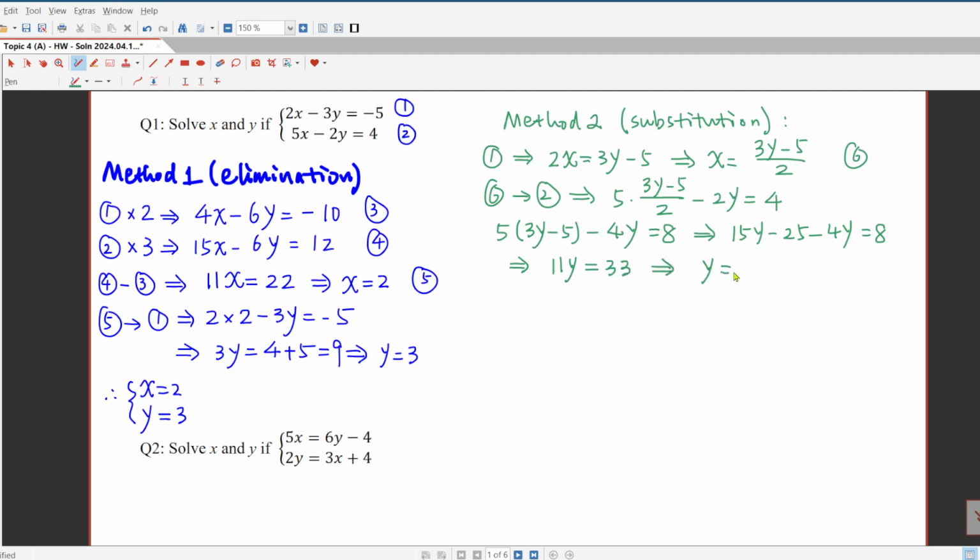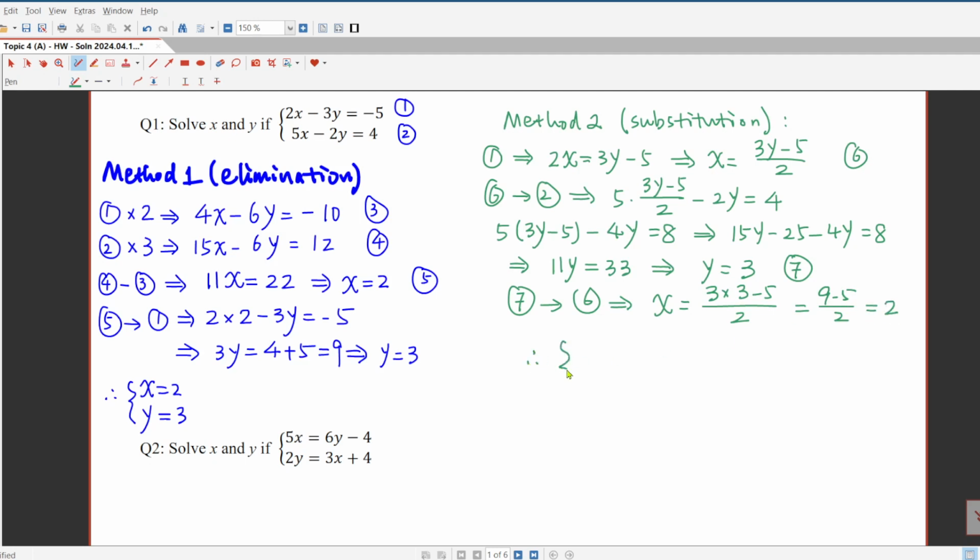Therefore, we know y equals 3. Then you could put this back into equation number 6 here in order to solve the value of x, right? So x equals (3y minus 5) over 2, which means (3 times 3 minus 5) over 2, right? And that's (9 minus 5) over 2, which is 2.